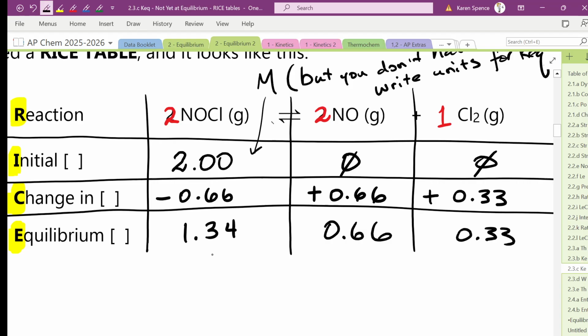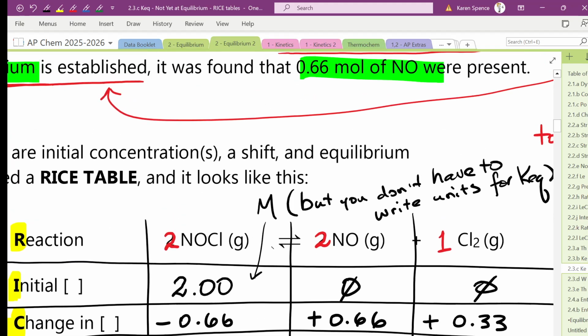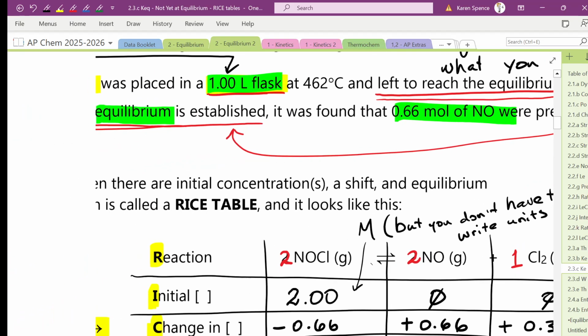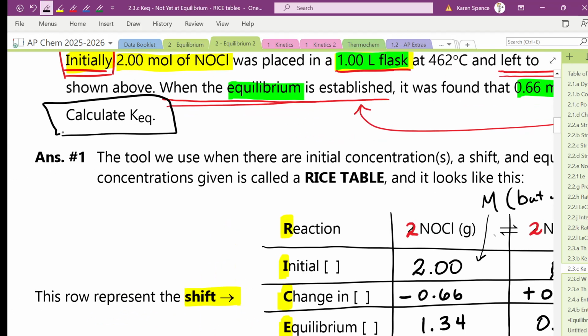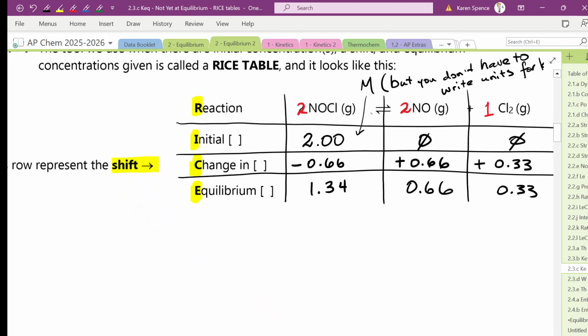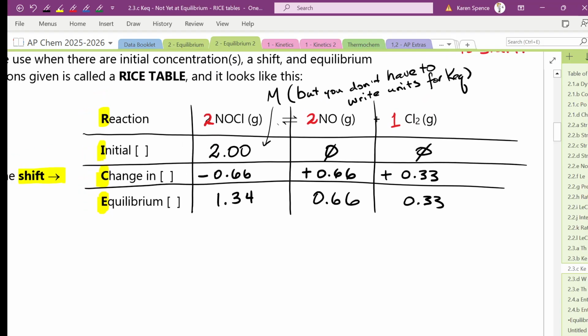And now we have equilibrium concentrations, and we are asked to calculate the KEQ. So we have used our new tool, the rice table. What tool should we use now to calculate KEQ? The KEQ expression.